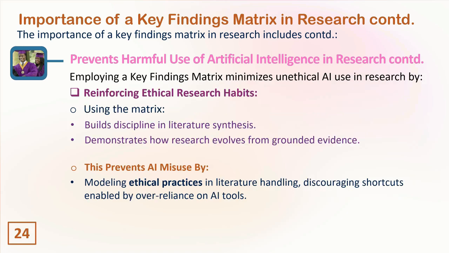A key findings matrix also minimizes unethical AI use in research by reinforcing ethical research habits. Using the key findings matrix builds discipline in literature synthesis and demonstrates how research evolves from ground evidence. This prevents AI misuse by modeling ethical practices in literature handling, thus discouraging shortcuts enabled by over-reliance on AI tools.